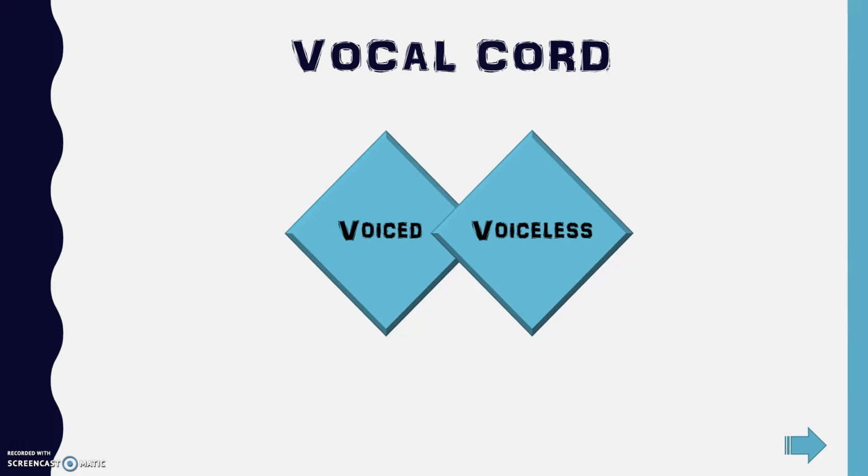The way to recognize whether a consonant is voiced or voiceless is by putting your finger on your throat. If you feel the vibration, then the consonant is voiced. If you don't, then the consonant is voiceless.